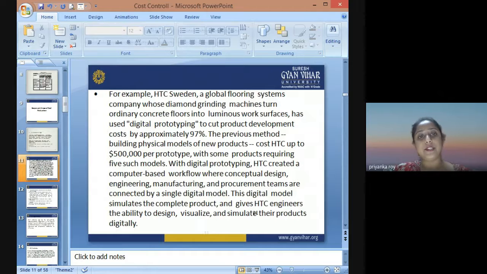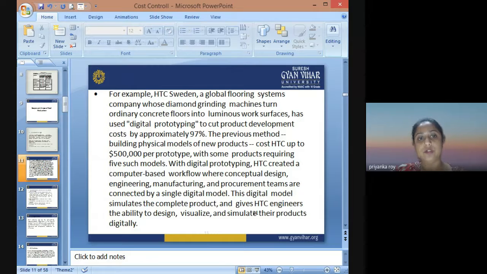For example, HTC, Sweden, a global flooring system company whose diamond grinding machines turn ordinary concrete floor into a luminous work surface, used digital prototyping to cut production and development costs.